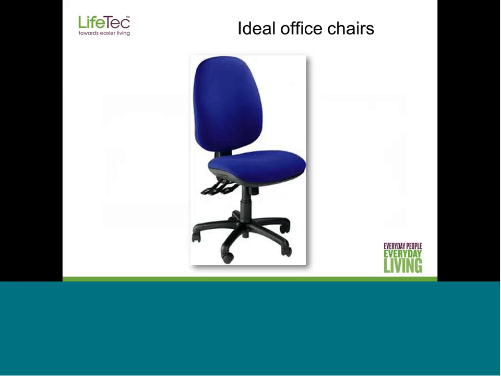Looking at ideal office chairs, so chair height: the seat should be positioned so that the feet are firmly on the floor or a footrest with thighs approximately parallel with the floor. The seat pan should be rounded with a waterfall edge to prevent contact stress and provide sufficient support for the thighs in length and width. Seat pans should not be severely contoured, as this can limit different seated postures, but slight contouring will prevent the pelvis from sliding forward.